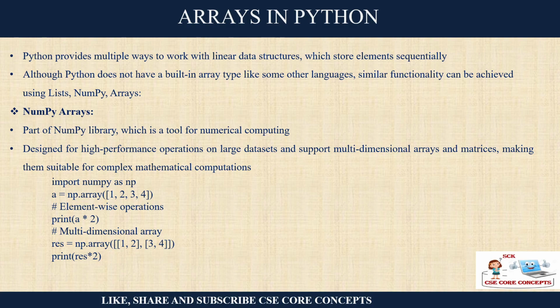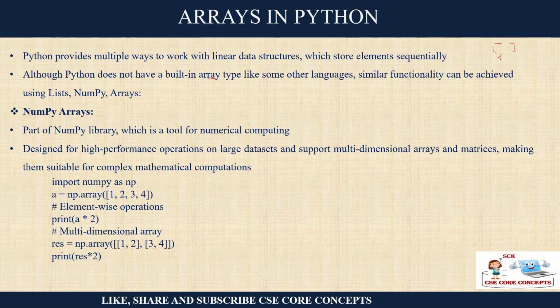First of all, Python provides multiple ways to work with linear data structures. Basically, an array is a linear data structure which stores the elements sequentially. Sequentially means one after the other. But the thing is that Python does not have a built-in array data type. Built-in means inbuilt, like if you are just putting a square bracket, you understand this is one of the data types.